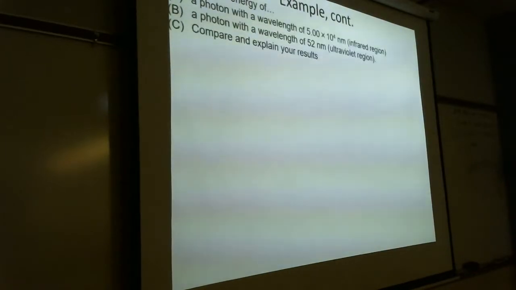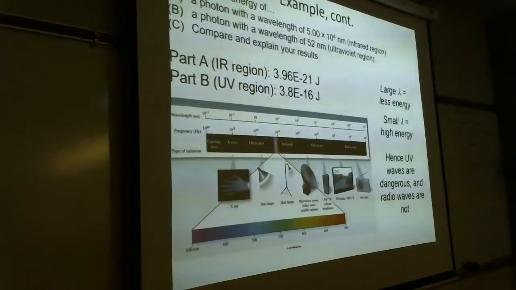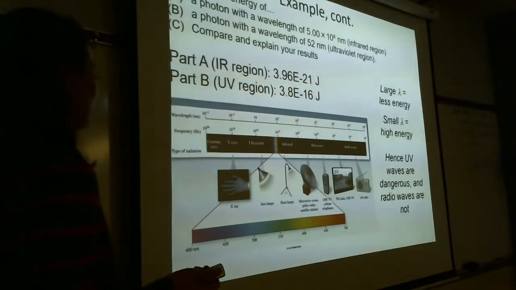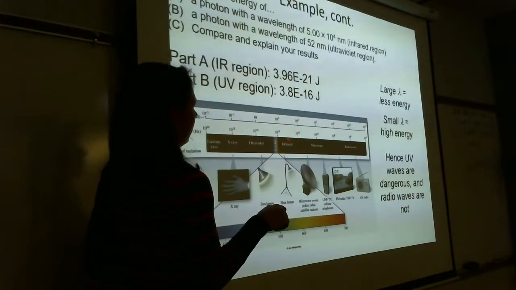Okay, so now let's compare. Part A, we got 3.96 times 10 to the negative 21st. Part B, we got 3.8 times 10 to the negative 16th. Right, so we're looking at our electromagnetic spectrum. Right, here's the frequency 10 to the 16th versus 10 to the 12th.